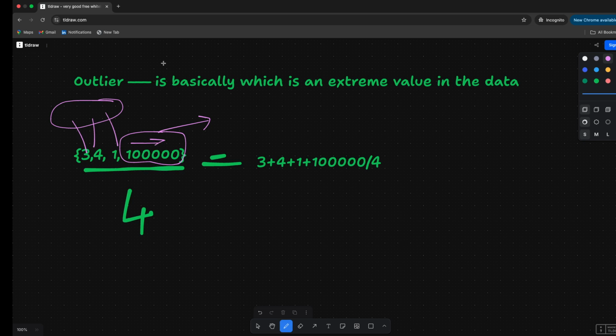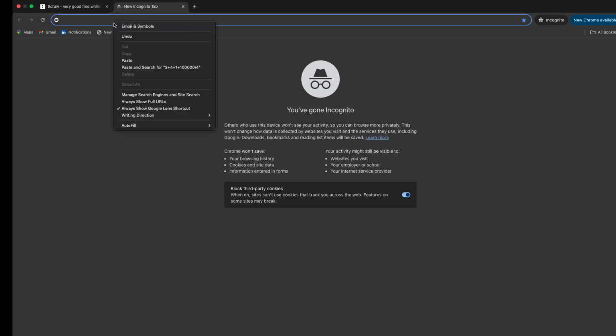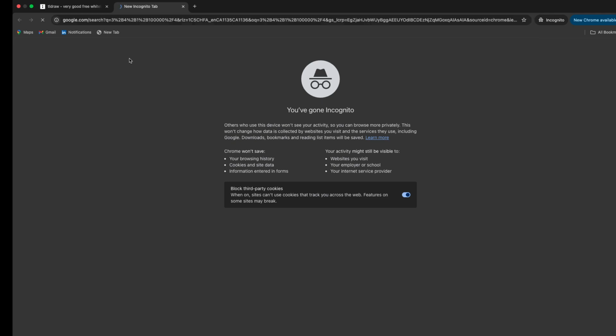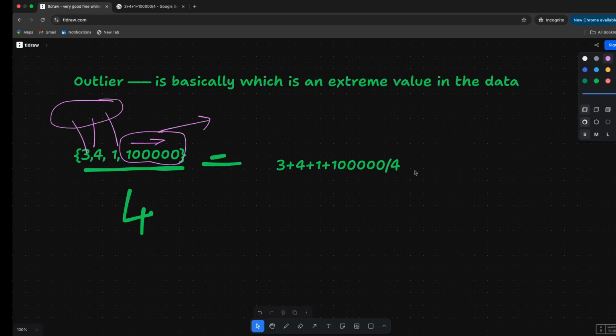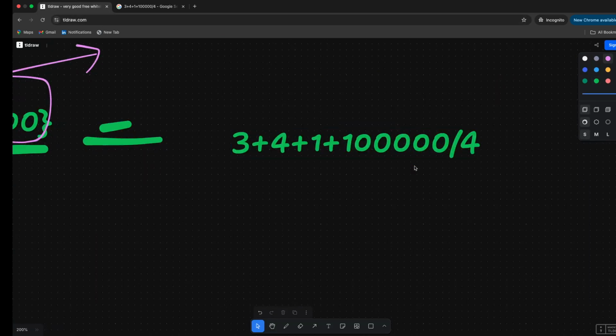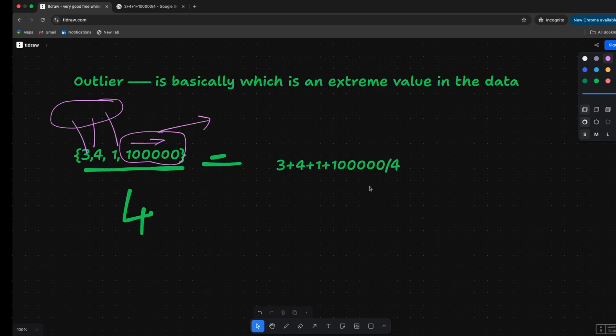Let's put this operation here and see what we get. So now the mean has changed to 2508, right? This is a very big value.